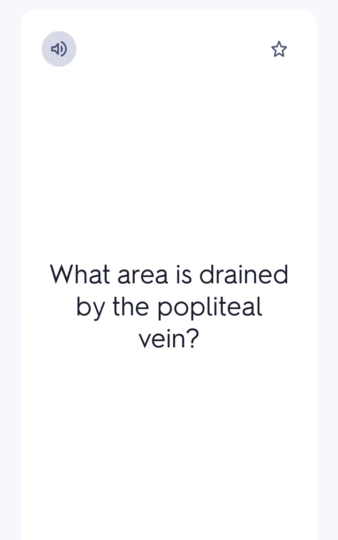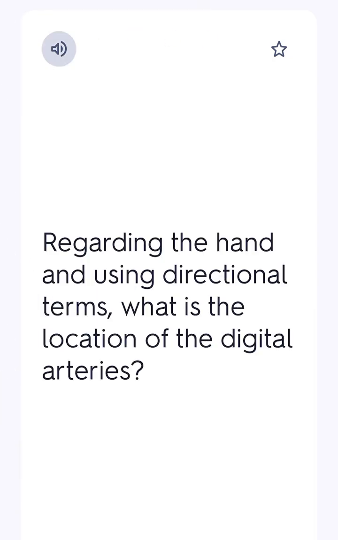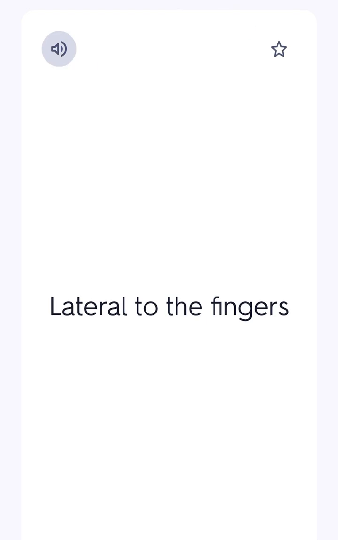What area is drained by the popliteal vein? The sole area. Regarding the hand, and using directional terms, what is the location of the digital arteries? Lateral to the fingers.